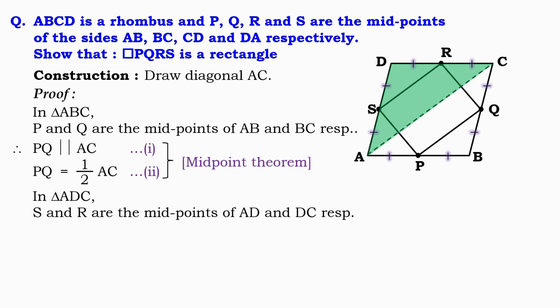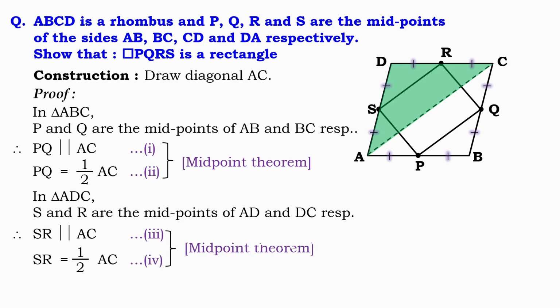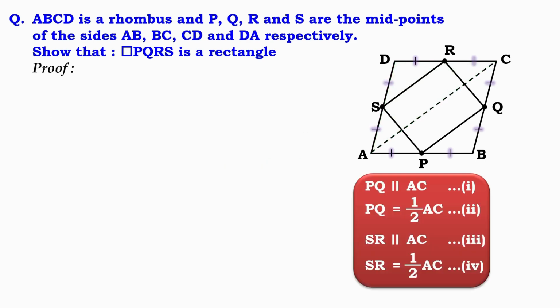So in triangle ADC, S and R are the midpoints of AD and DC respectively, so SR is parallel to AC, that is equation number 3, and SR is also half of AC, that is equation number 4, by midpoint theorem. Always mention the theorem. Now these are the 4 things we got already.